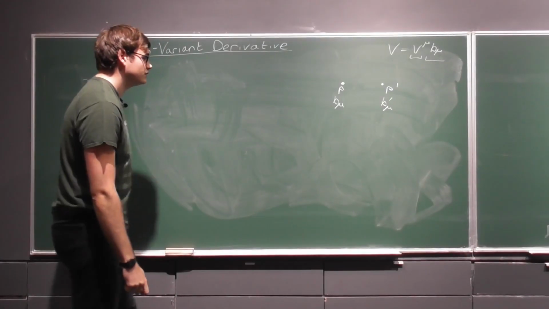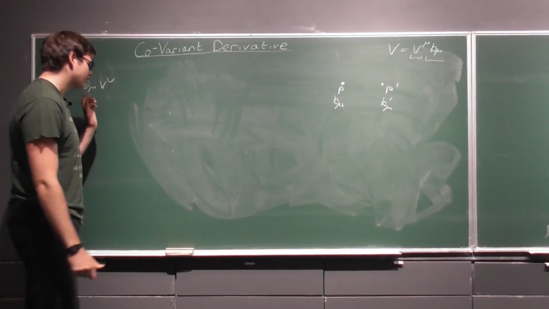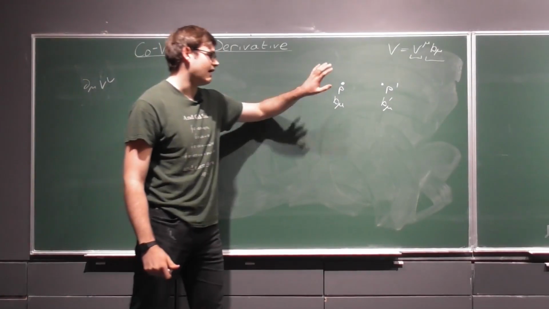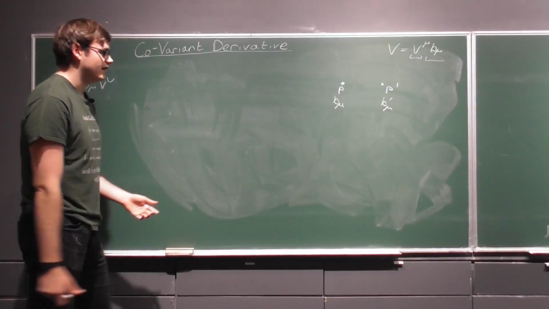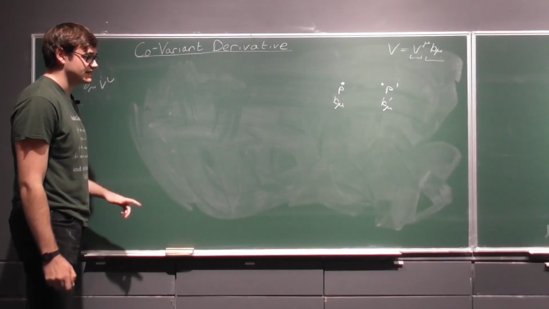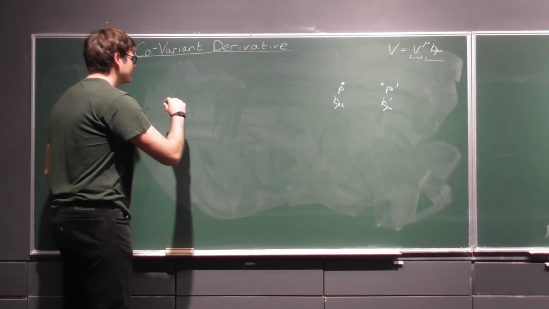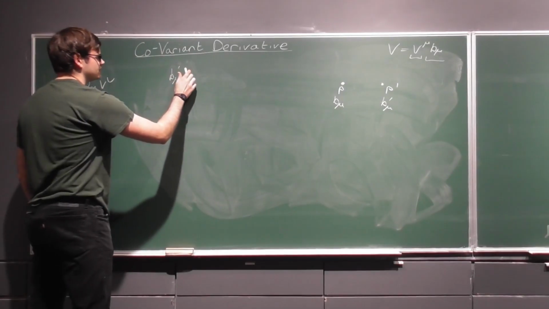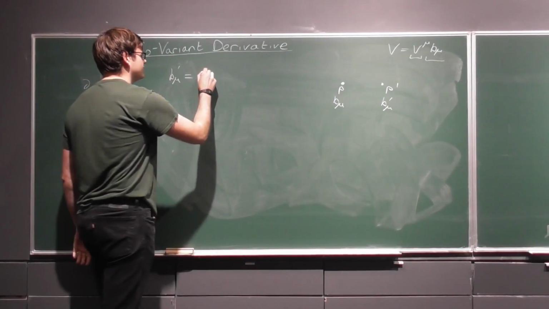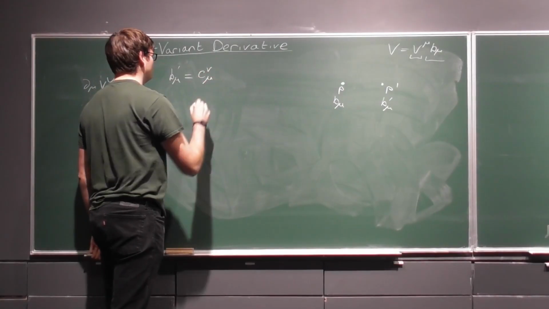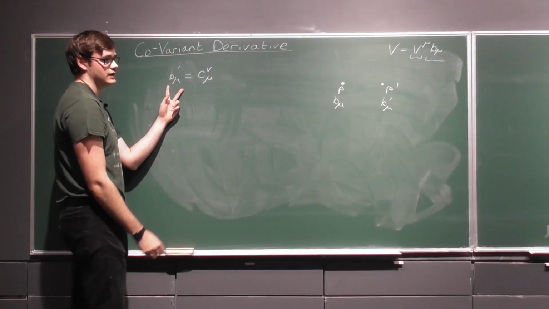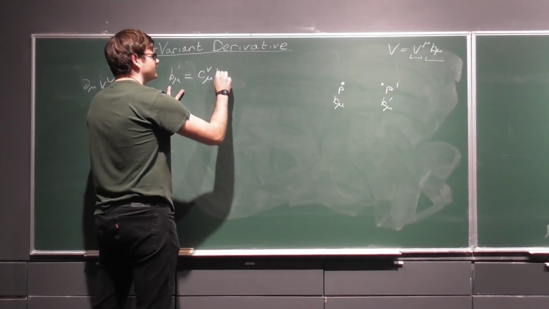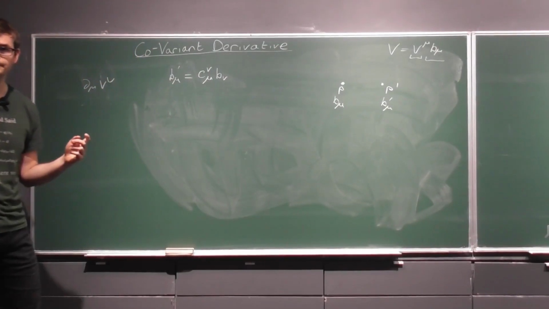So if I look at the vector space here and the vector space here, then I can always find some matrix transformation that allows me to write my new basis in terms of the old one, right?